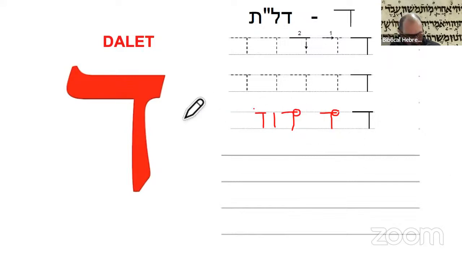The numerical value of Dalet is number 4. Again, we said there are dimensions, physical, spiritual. The value of number 4 is very important in Torah. We have 4 seasons. We have 4 types of creation: minerals, vegetables, animals, humans. We have 4 elements that create the earth: fire, soil, air, and water.